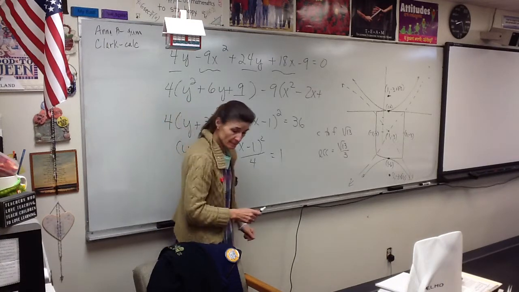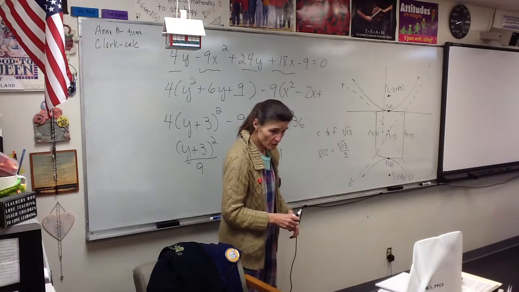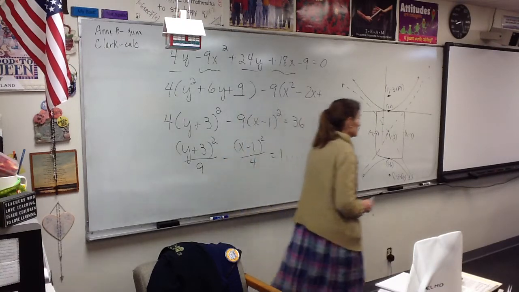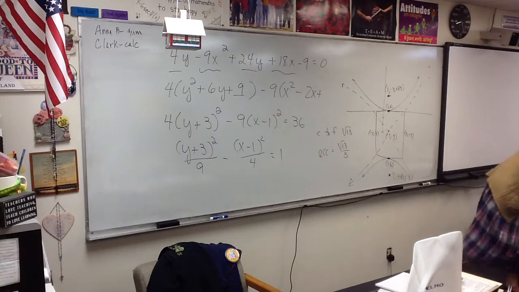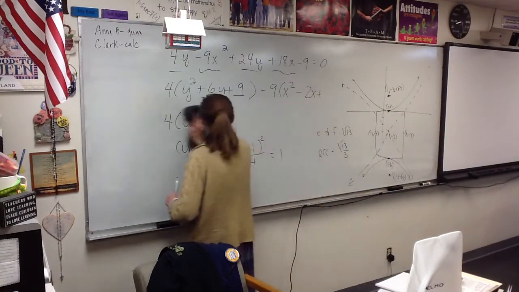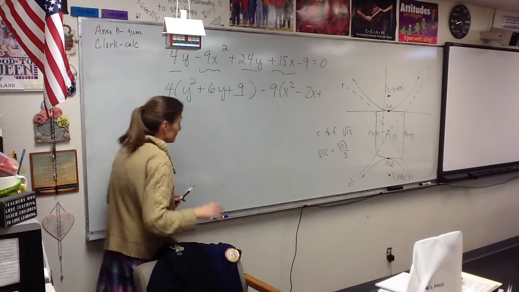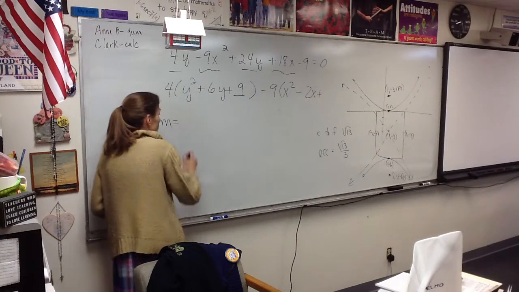All right, we're all done except for our asymptotes. So now we need to write the equations of our asymptotes. So I'm going to erase some of this over here. Old work. What's the slope of my asymptotes?